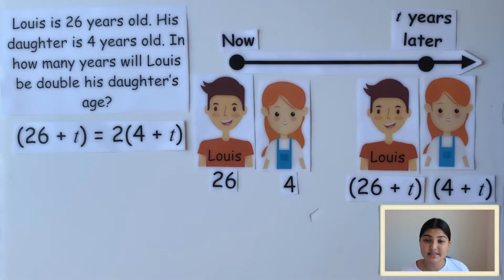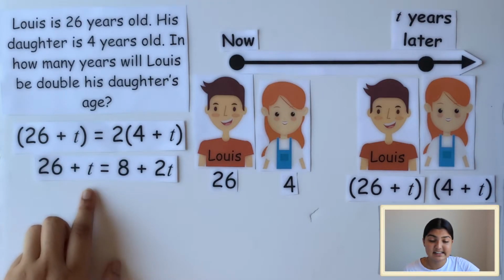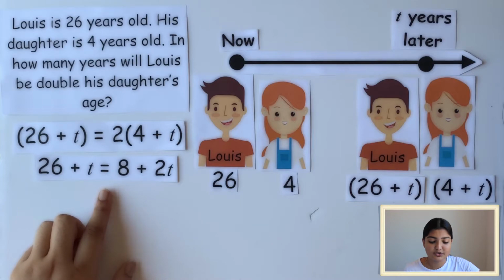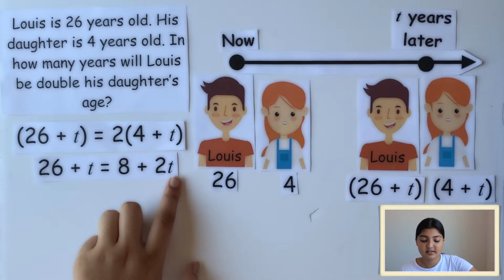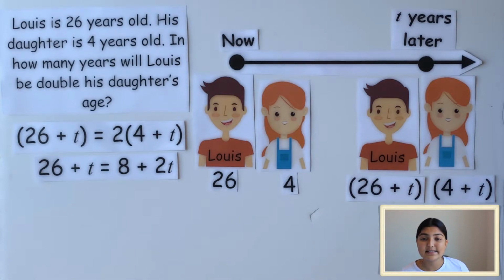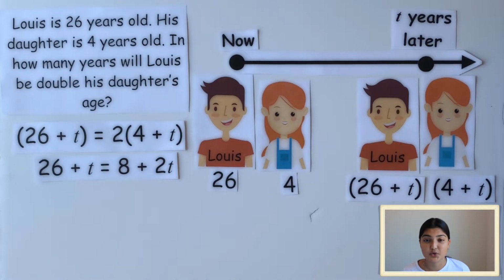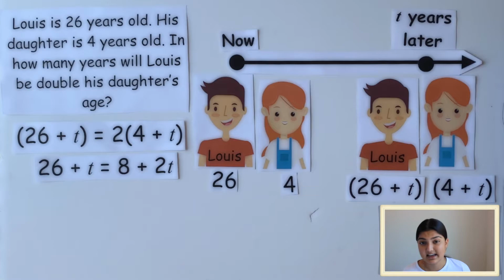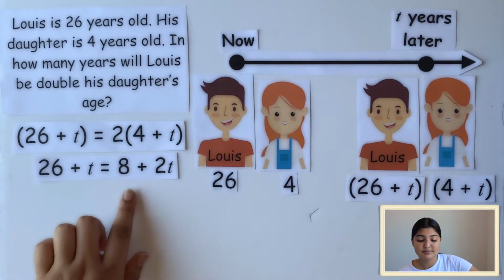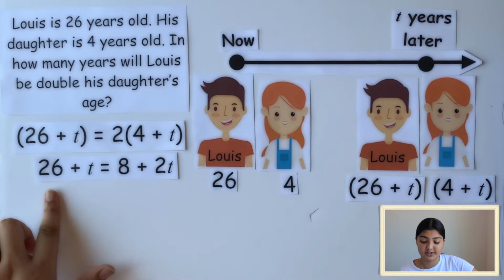Now, let's open the parentheses. 26 plus t is equal to 8 plus 2t. Now, let's bring the variable terms to one side of the equal sign and take the constants to the other side. So let's start by bringing 8 to this side of the equation.